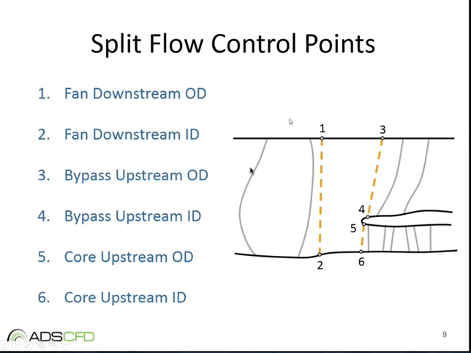So, obviously we need an ID and an OD location for the fan, the bypass, and the core at the downstream for the fan, and then the upstream for the bypass and the core.